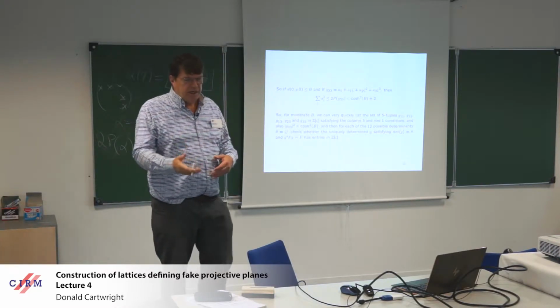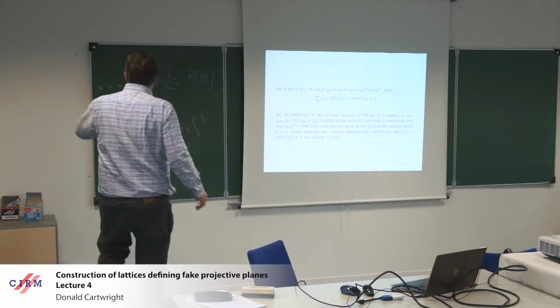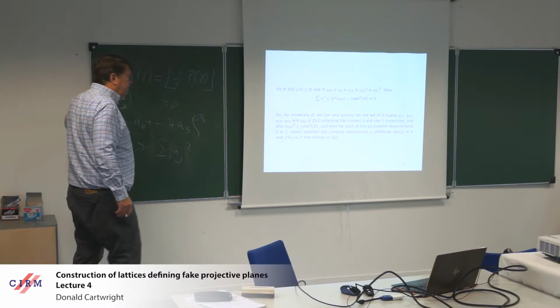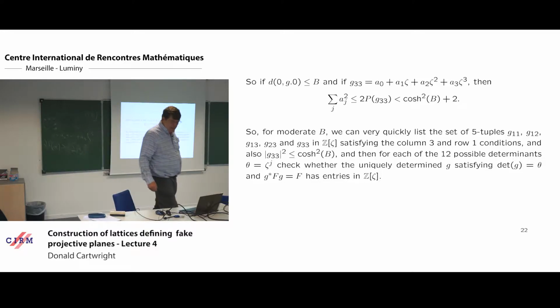For each of them, you plug in the 12 possible determinants and work out when these elements here are actually integral. Okay, that's what I'm saying here. So this goes very fast.